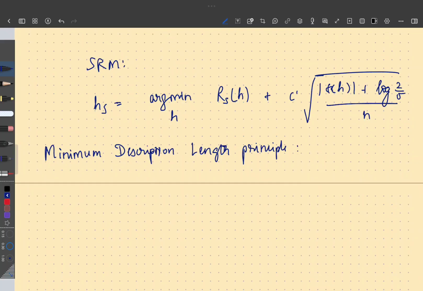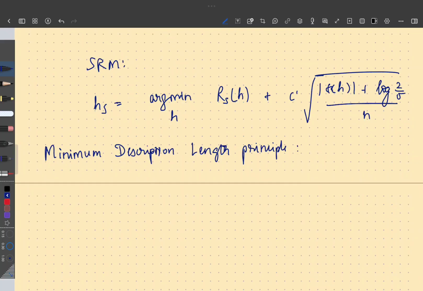Questions? This also works for ERM, whatever normal agnostic background. You could, but you don't need the generalization error term. Of course, one thing you have to keep in mind, because all of this essentially assumes that it's a countable class.